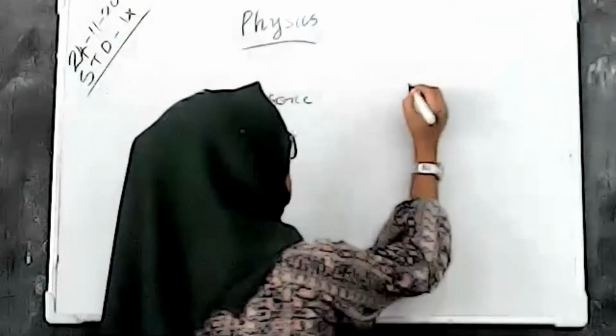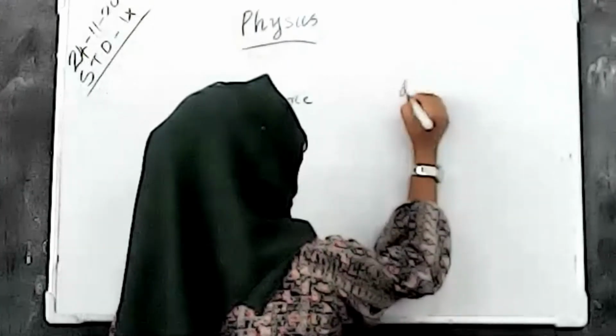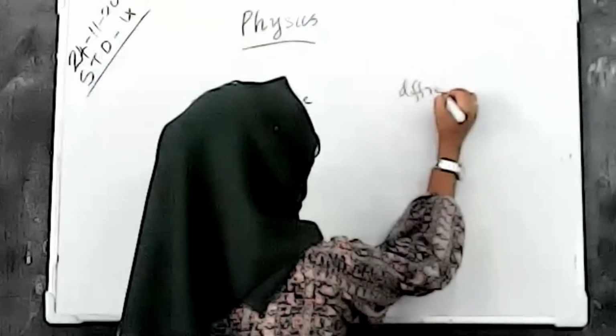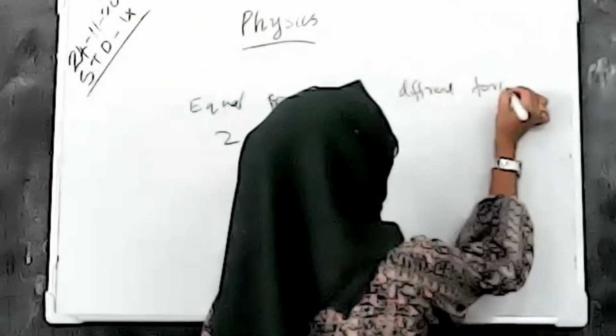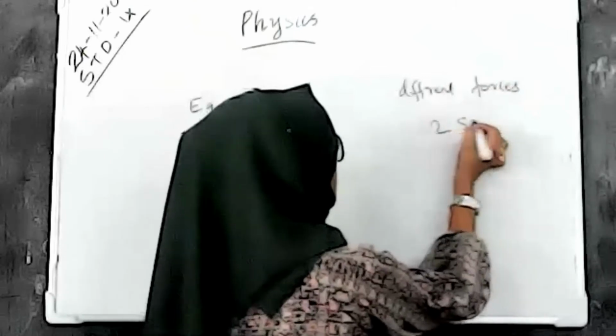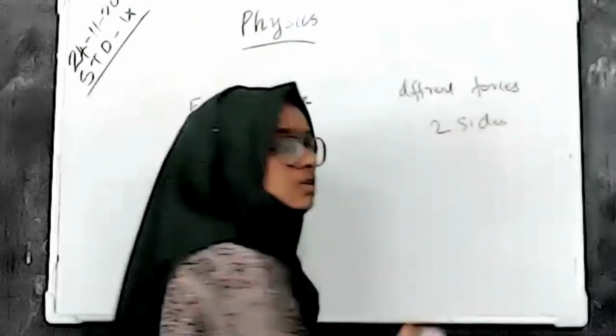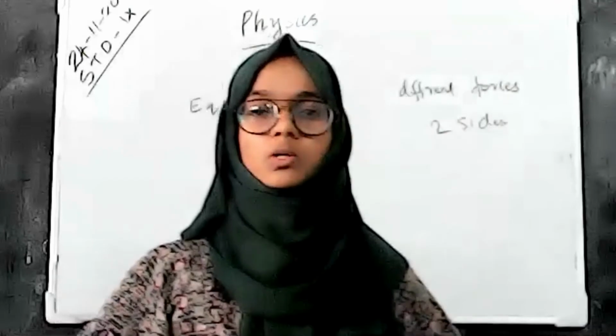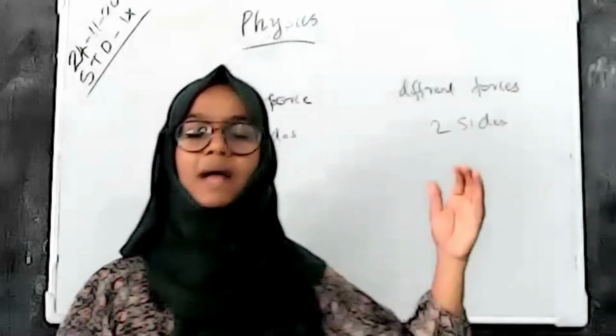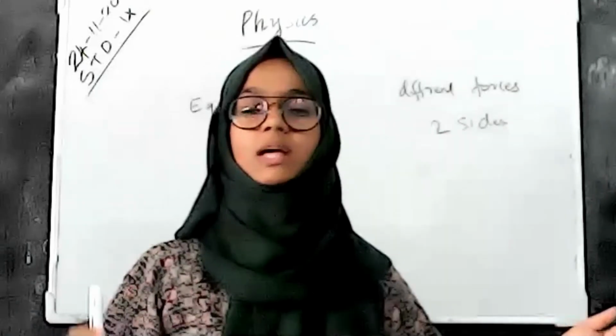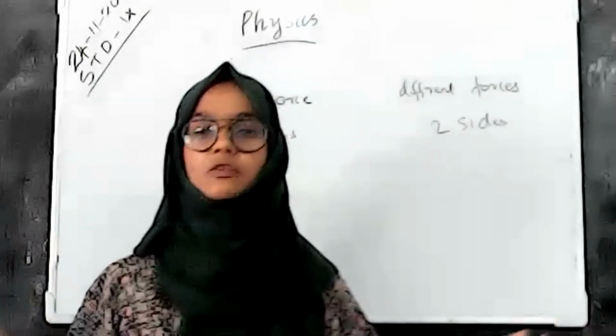But in the next image, we can see different forces on two sides. So there is a changing force in the unbalanced force and the same force in the balanced force.